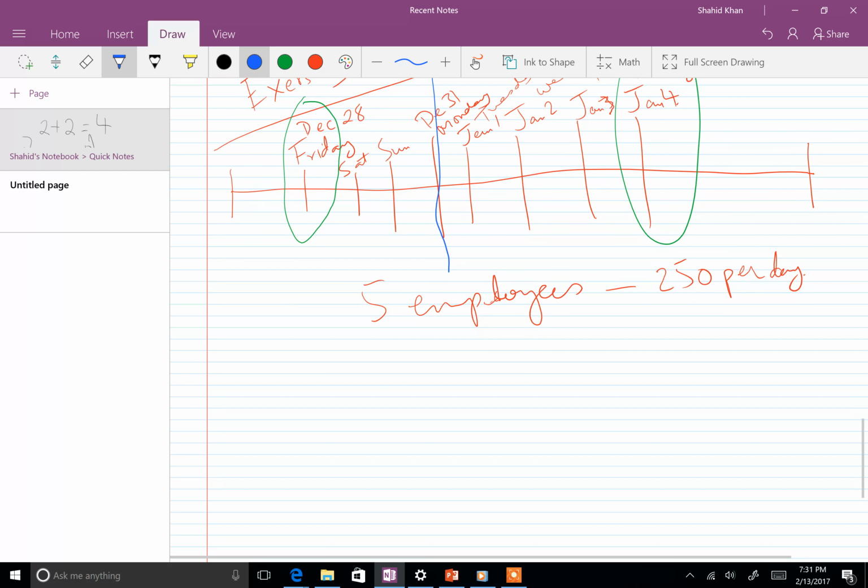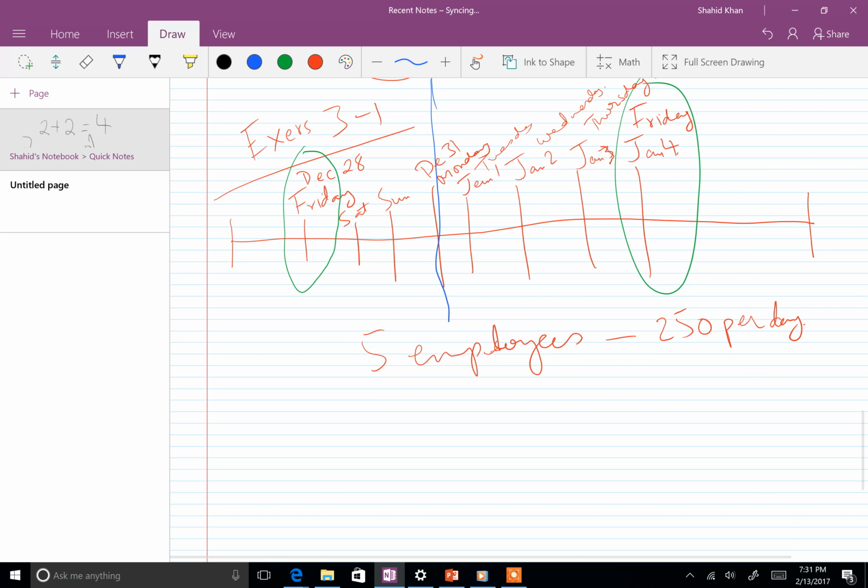So here, what we're going to do is find out what that one day of salary is for the five employees. 5 multiplied by $250 is going to be $1,250. That is an additional amount of salary that belongs to the month of December.